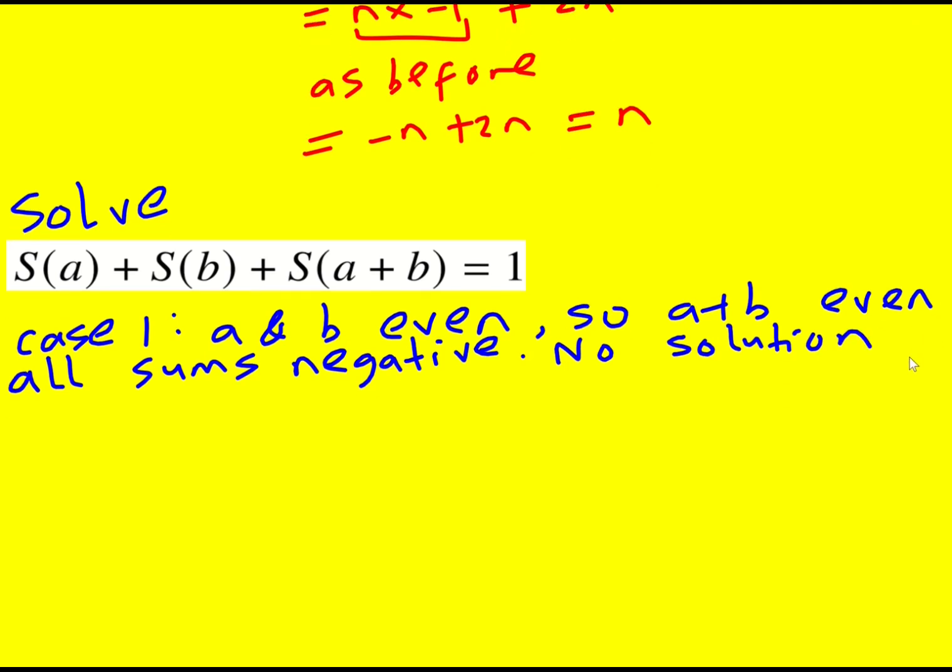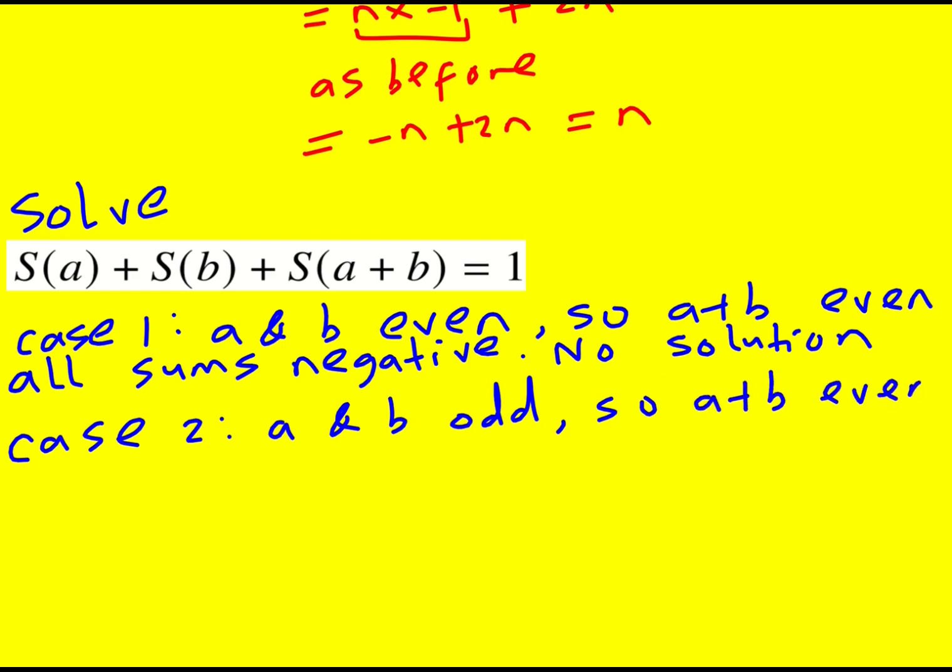Okay, let's look at case 2, A and B odd. This time we've also got A plus B even. Okay, this could work. So then we could write down the S of 2n minus 1.